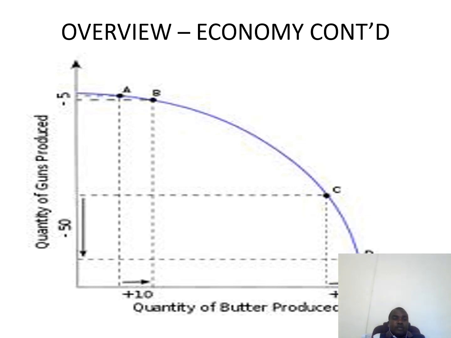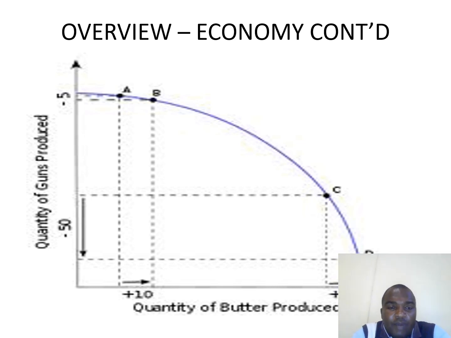If we calculate the slope between points A and B, which is the marginal rate of transformation, the name of the slope of the PPC, the slope dy over dx is -5 divided by +10, which gives us -half.